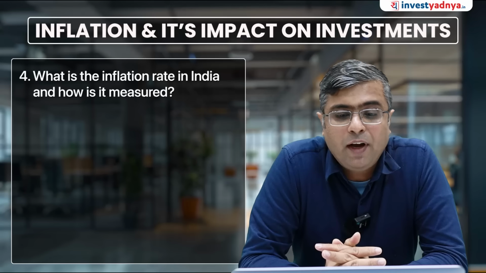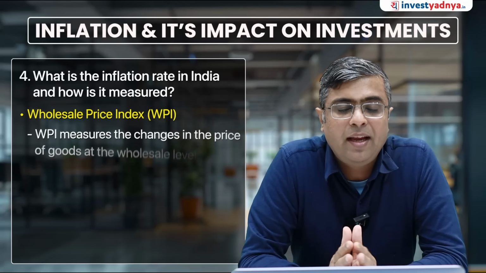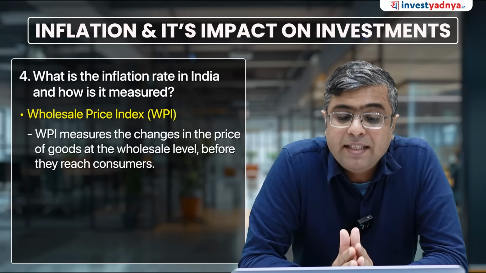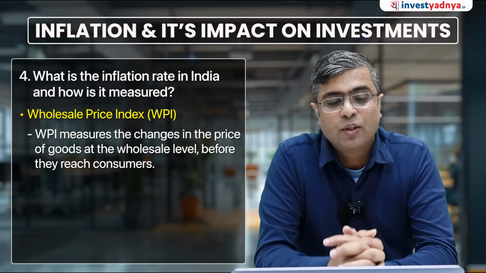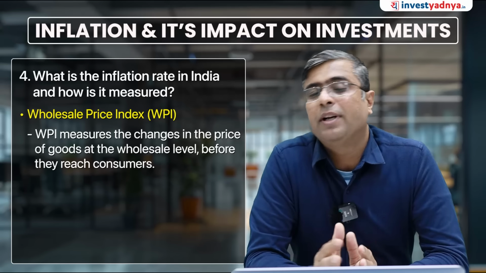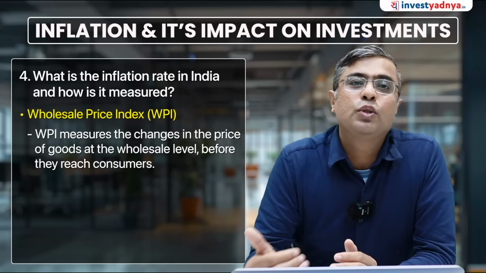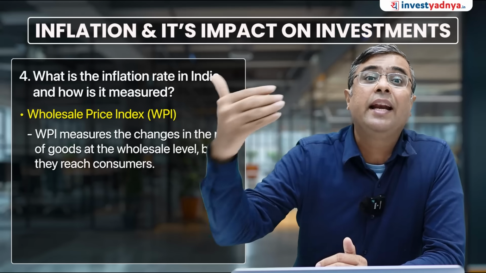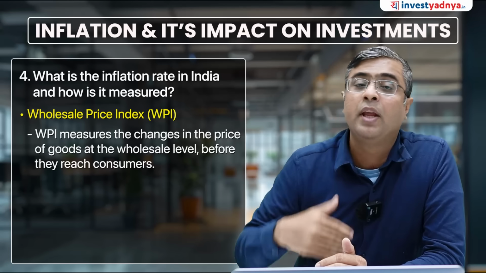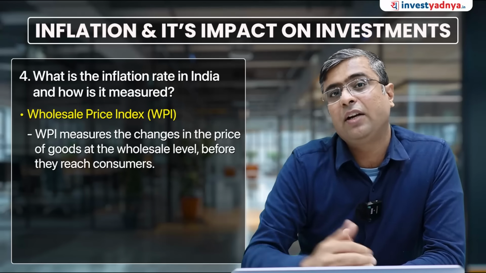Now, the next inflation is WPI inflation. WPI inflation measures the changes in the price of goods at the wholesale level, before they reach consumers. So ultimately, it's a precursor to retail inflation. Whenever the WPI inflation numbers go down, automatically the retail inflation numbers will follow. If the WPI inflation numbers are on a higher side, retail inflation will follow.